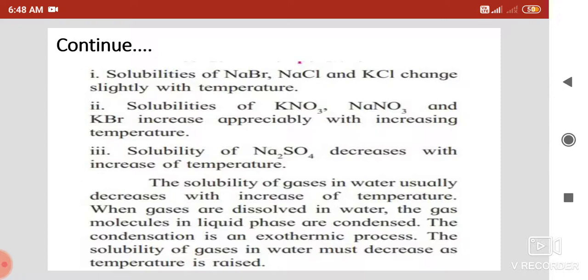So if the temperature increases, the solubility of the gas in water decreases, as the gaseous molecules get condensed in the liquid phase.